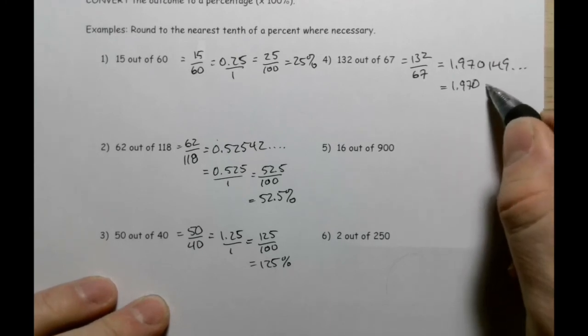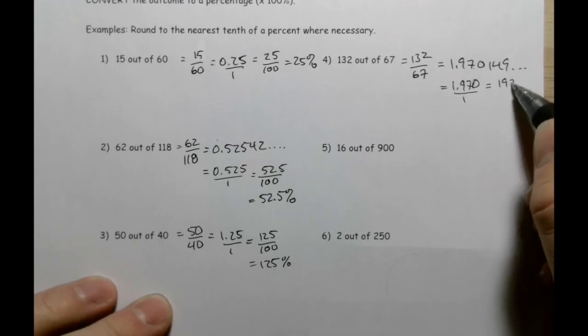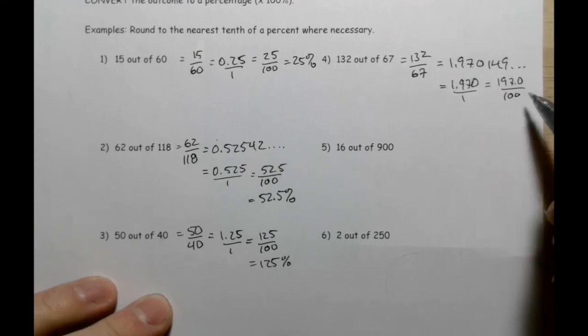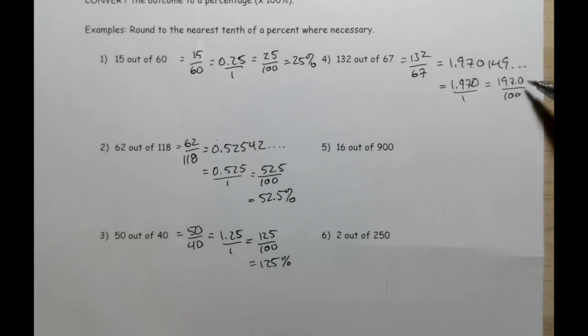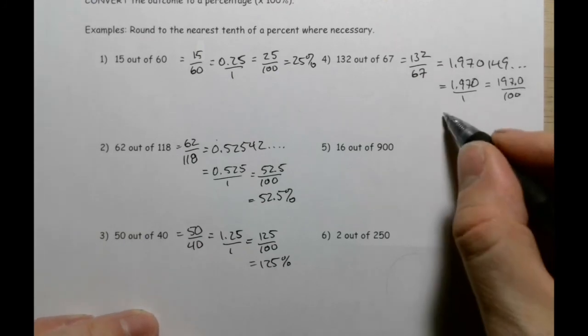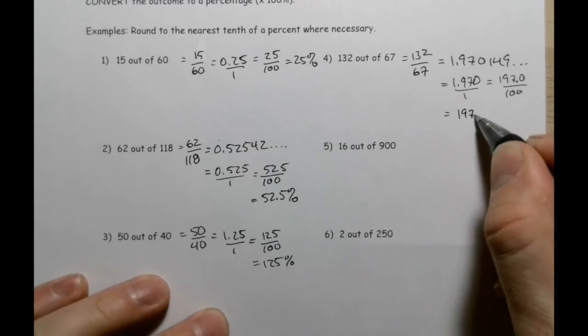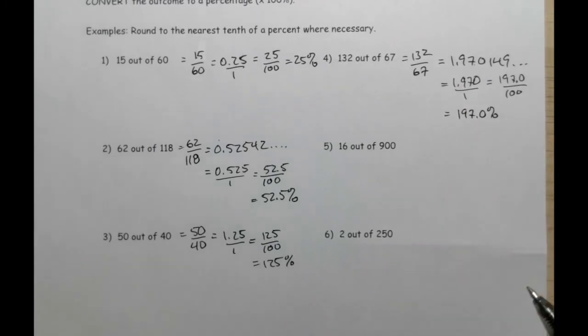And so this is over 1. I'm going to make this over 100 by multiplying numerator and denominator by 100. Now, to the nearest tenth is going to be 0.0. I know that you don't necessarily need to write stuff that shows up after the decimal like that, but when it's the digit right after the decimal, that actually communicates a little something to me. So we're going to say 197.0%.